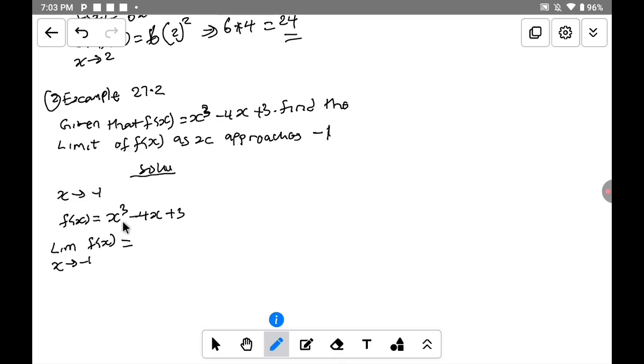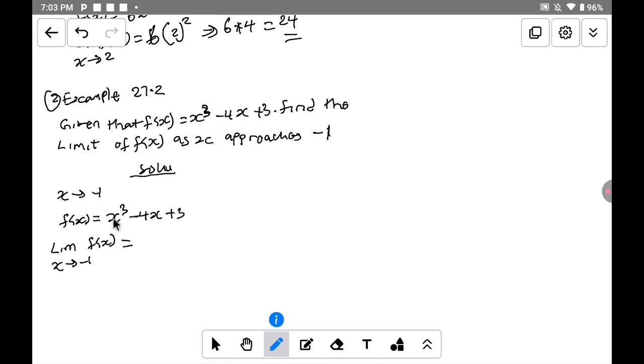Now let's replace this. Since s tends to minus 1, I can write minus 1 here. So anywhere you see s, replace it by minus 1.